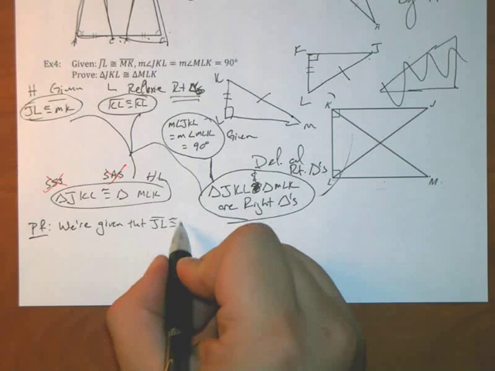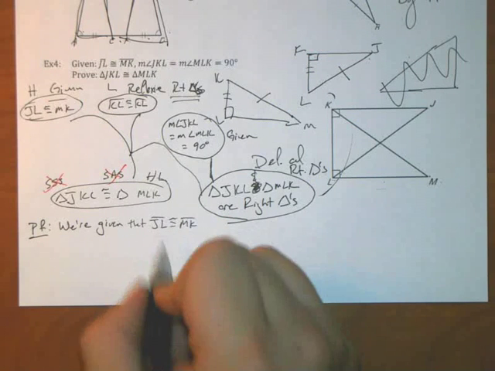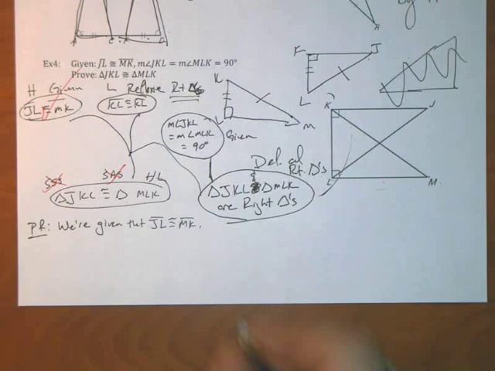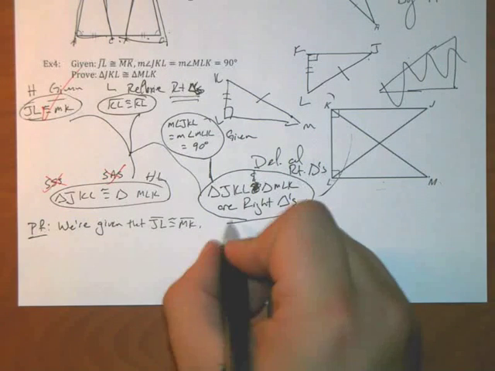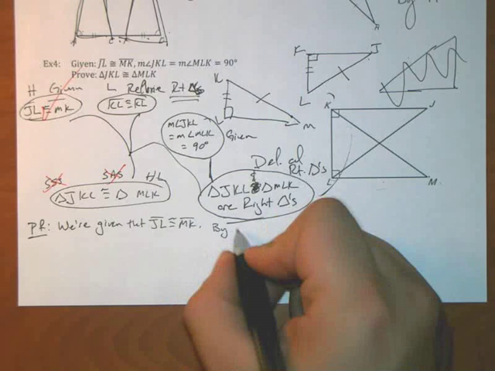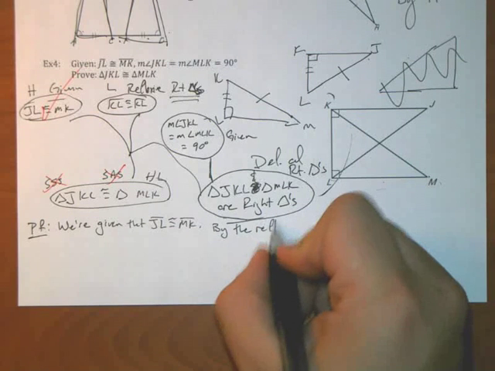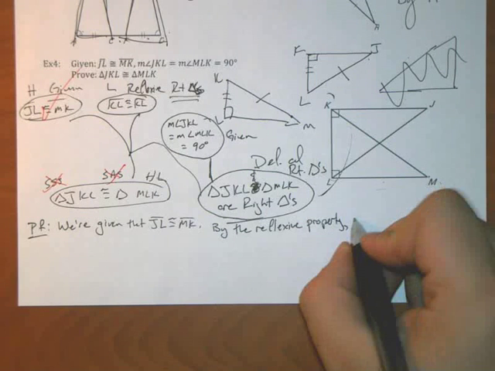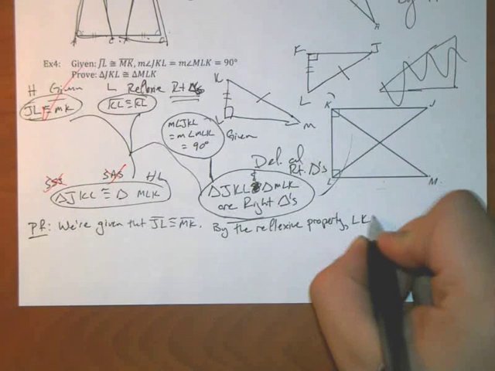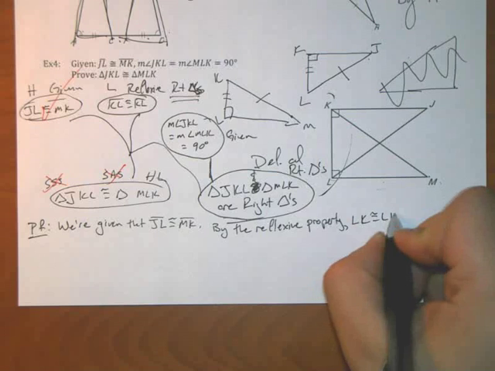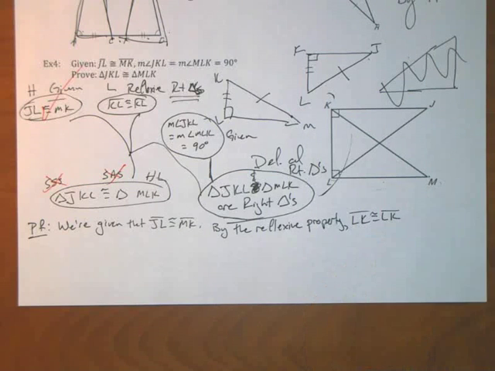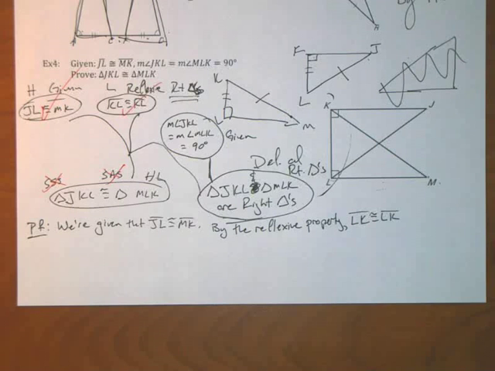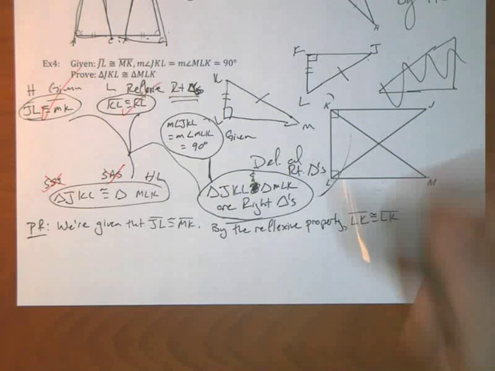This is what we're given: JL is congruent to MK. By the reflexive property, KL is congruent to LK, or KL.